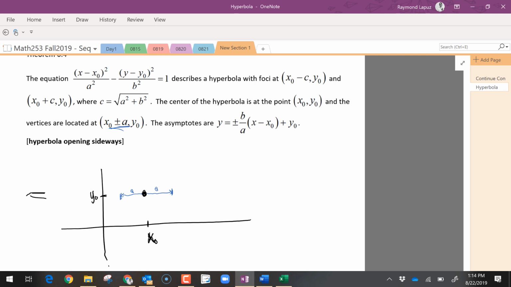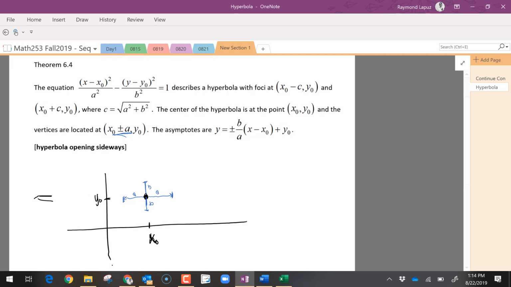And so what you could do from there is figure out that your b would be some distance. It's under the y, so it's going to be a y distance up and down. Although that doesn't look like it plays much of a part in this, it actually will when you create what's called the eight. Create.